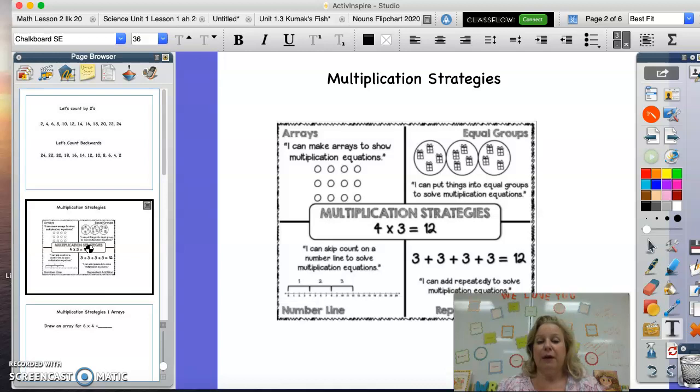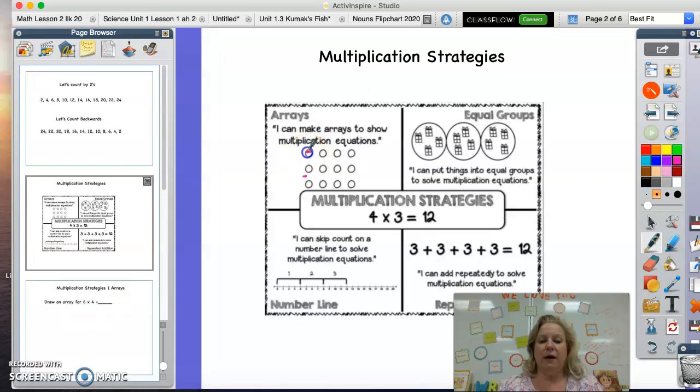We talked about an array, which is columns and rows. And if you look here, these would be my columns, and they go like the equator, back and forth. And then we have our rows, and they go like the prime meridian, they go up and down.